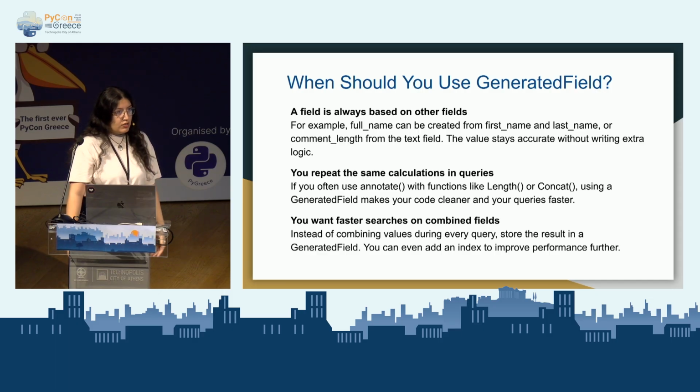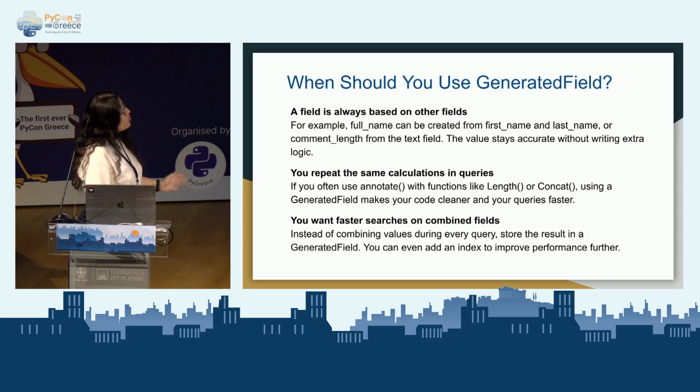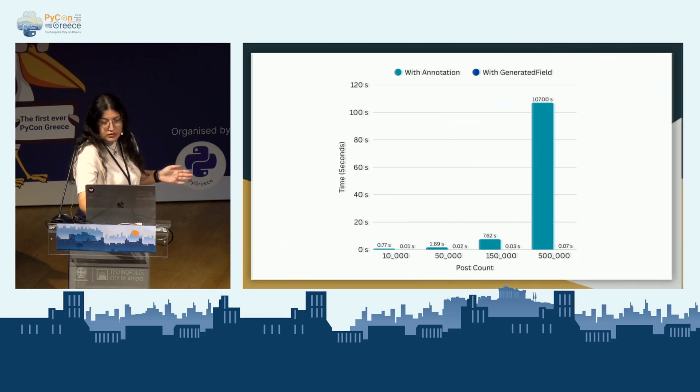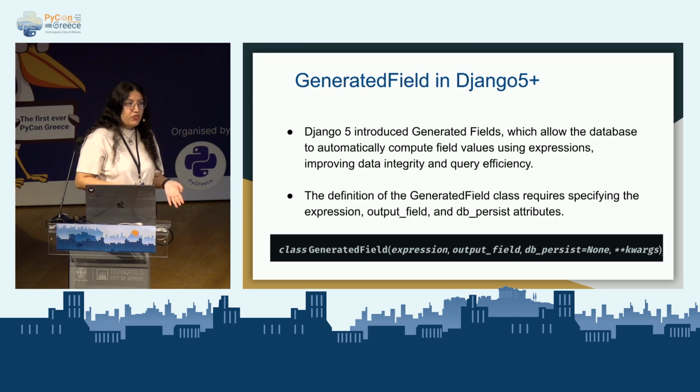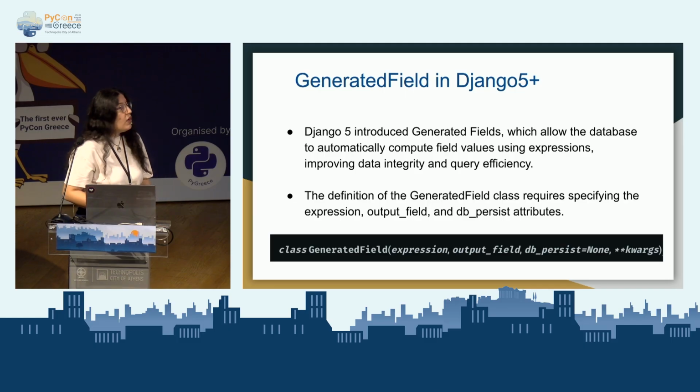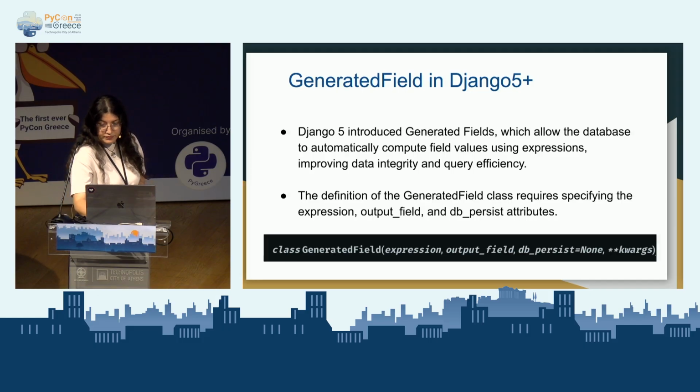PostgreSQL supports it, but in PostgreSQL you should set db_persist true. It means the generated field takes extra storage in PostgreSQL, so it will be slightly slower during update operations.